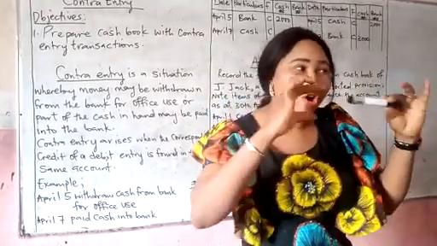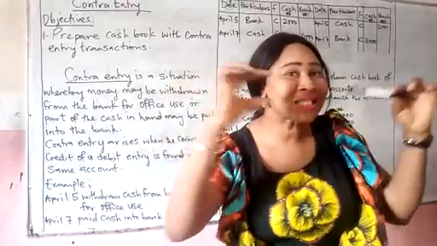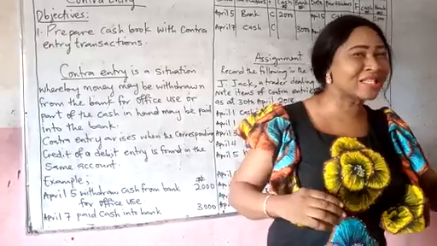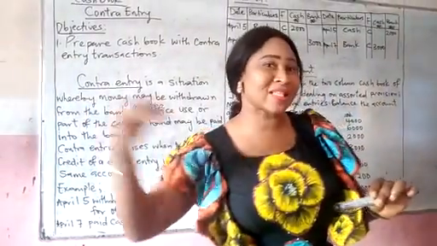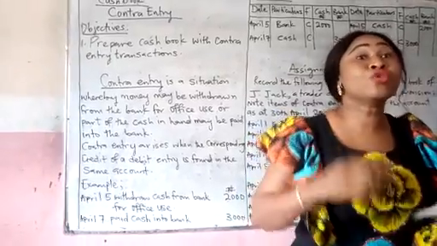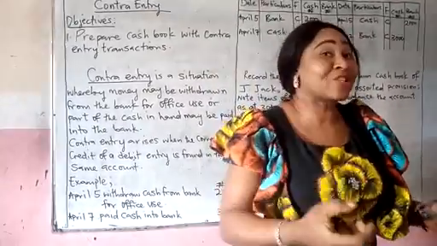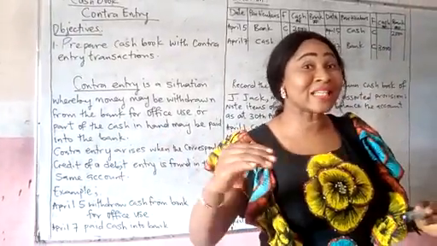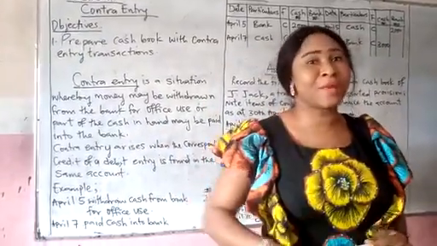That is a contra entry. This transaction will be recorded both on the debit side and the credit side. On the debit side, you debit his bank account that receives the money. But on the credit side, you credit the cash that made the payment into the bank.